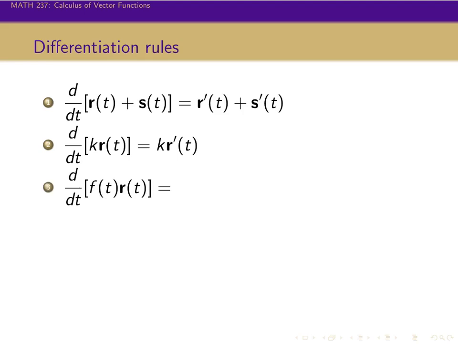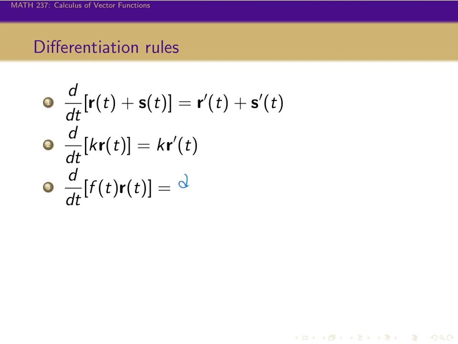Okay, now this one's a little bit more interesting. This is something that we can do with vector functions that's a little bit different than anywhere else. So f of t is what we're going to call a real valued function. It's not a vector function. It's just some scalar function times r of t.